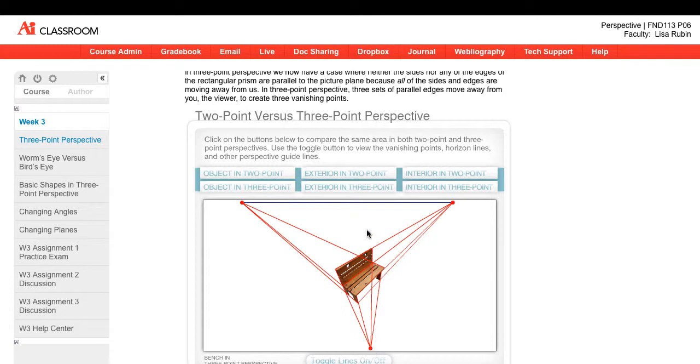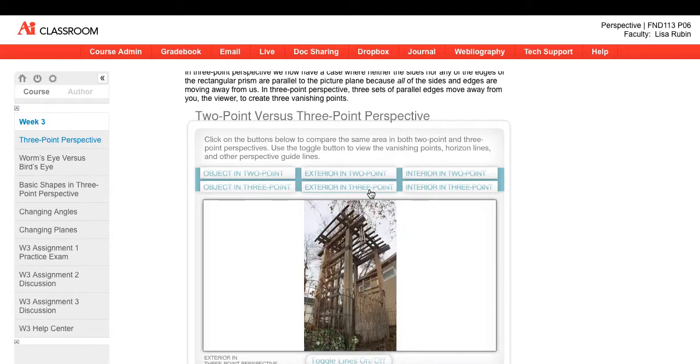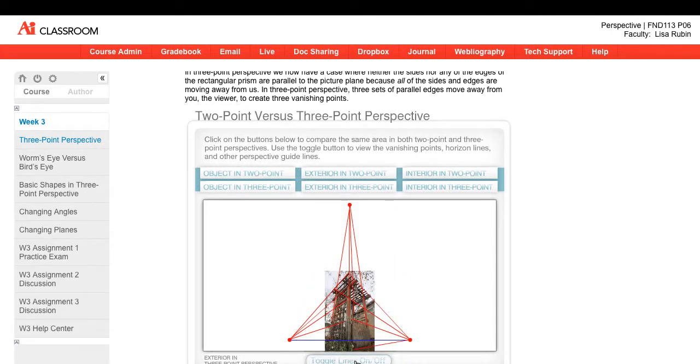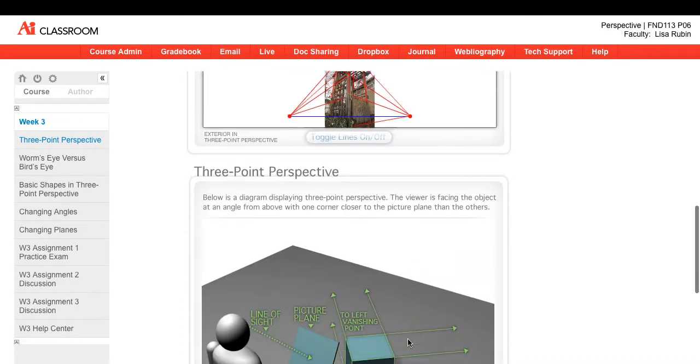For bird's eye, the vanishing point is below, and for worm's eye, which is as if we are a worm looking up at the object, the vanishing point will be above. You can see that the vanishing point is going to be pretty far away from the object, like in one-point perspective even, or in two-point perspective, even more so.